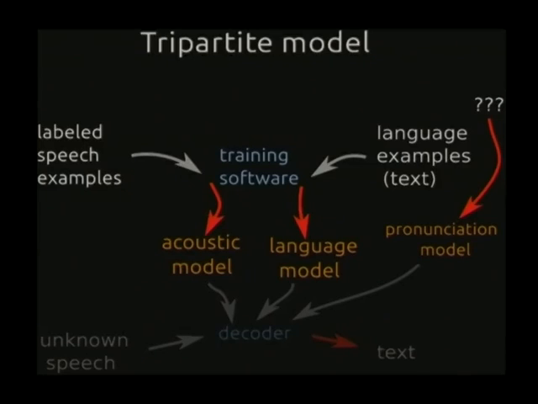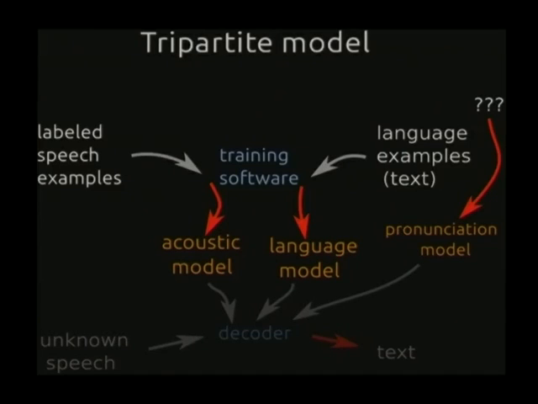And the language model really is finding probable sequences of words. The language model and the pronunciation model together make up a probable sequence of phonemes, and then the acoustic model tries to find that. And that's the part I'm talking about, the top part.